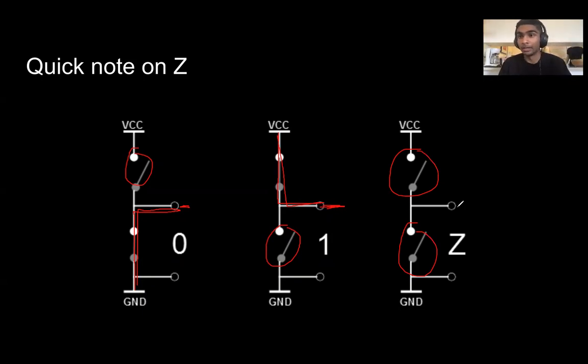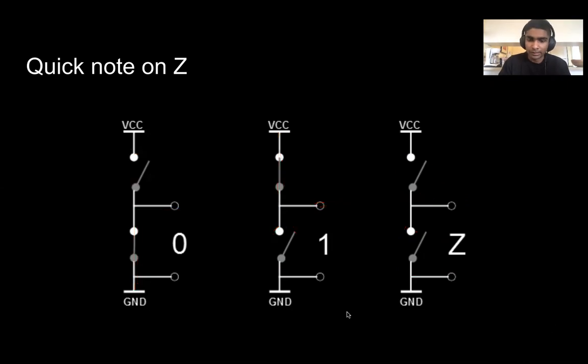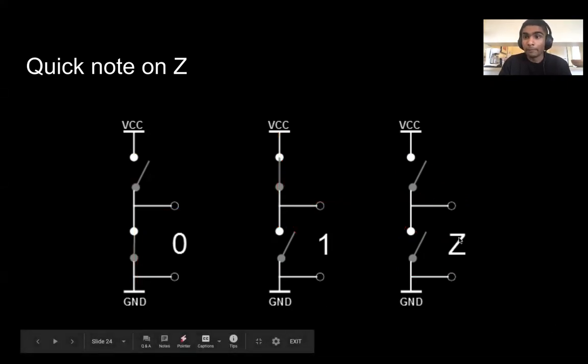There might be other EMI-like interferences that are affecting the voltage here. So really we don't know what is on Vout, which is okay sometimes, but that's what Z is. That's as far into it as I'm going to go. That means that this node is not being driven by a high or a low value. Cool.